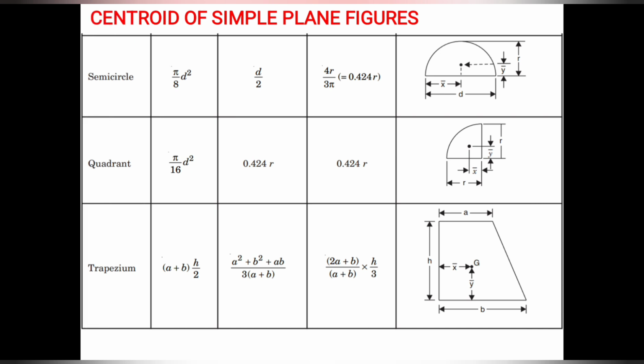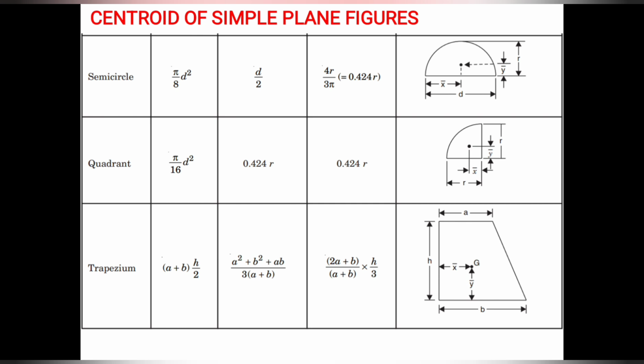Then the semicircle: x bar equals d by 2. You can see the distance from the leftmost portion of the semicircle is d by 2, whereas y bar equals 4r by 3 pi, the distance from the bottommost portion to the center.